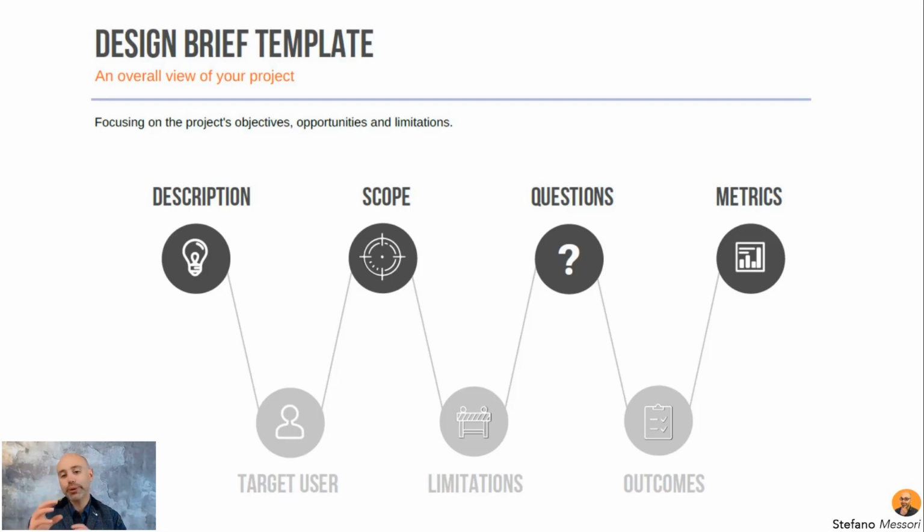And the last two points are very connected: one is the expected outcomes, and one is the metrics. Very briefly, the outcomes. Any time you start a design thinking process, you need to ask yourself, what is my expected outcome? Why am I doing this? Yes, obviously there is revenue for the organization, and that is fine.